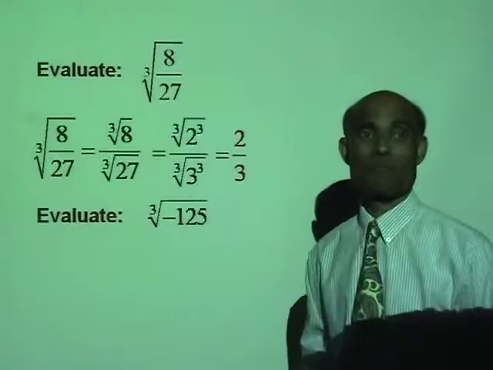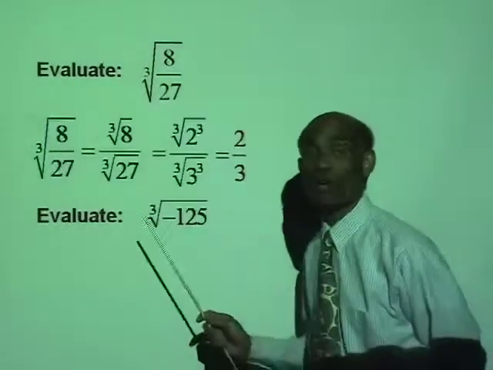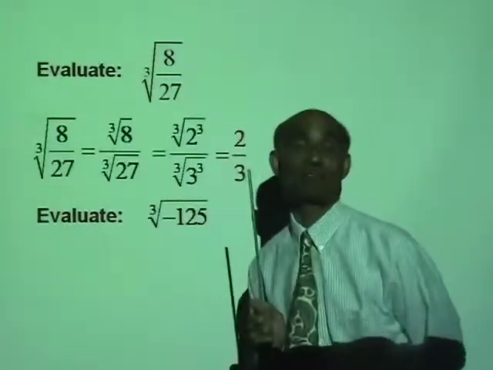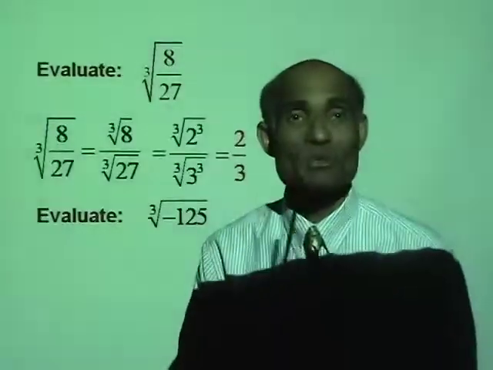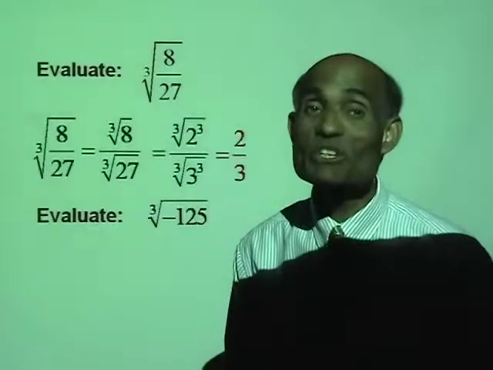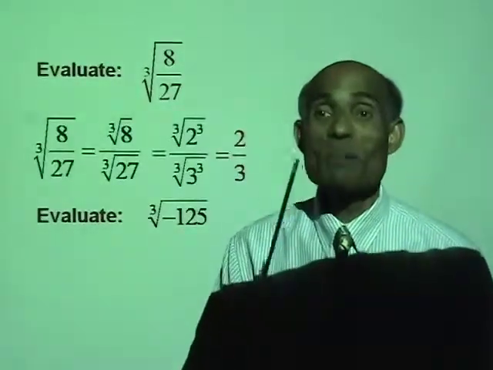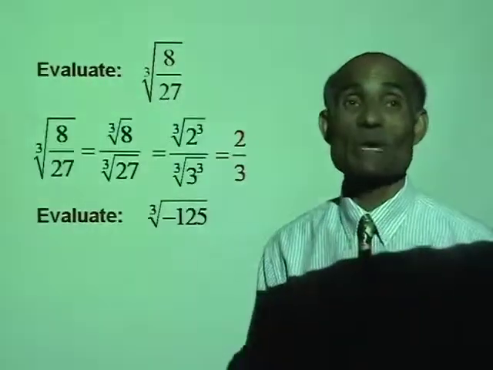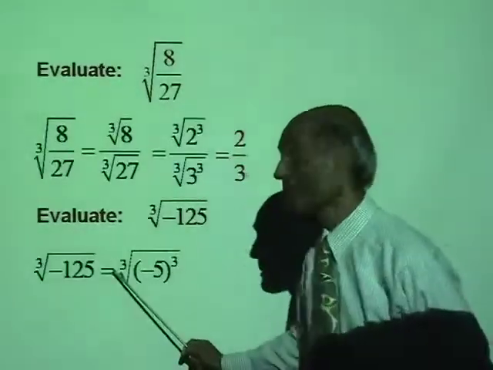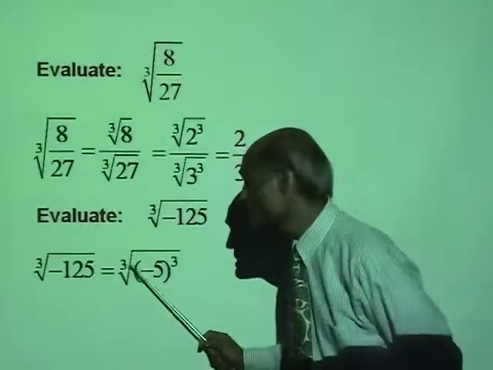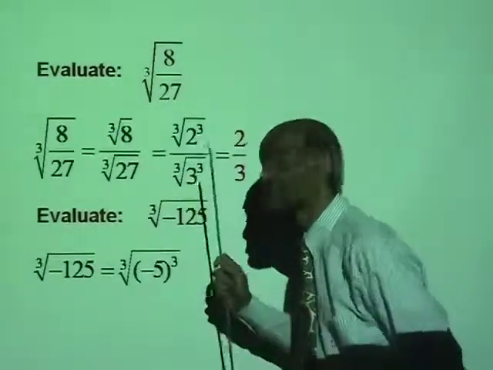So the answer is 2/3. Another one. Find the value of the cube root of negative 125. I'm sure you can tell me that. Negative 125 is what number raised to the power of 3? Very well. Negative 125 is negative 5 raised to the power of 3.